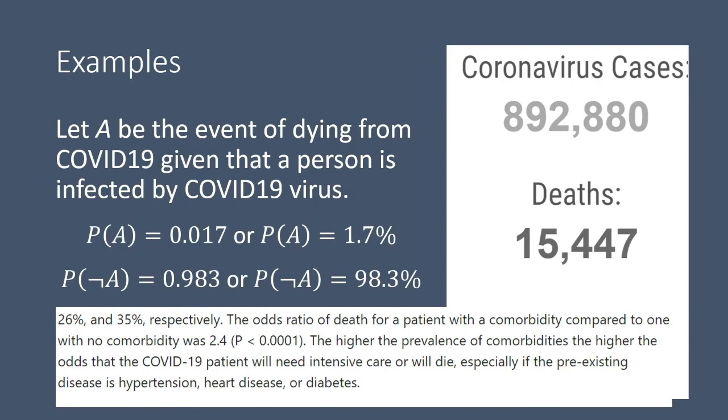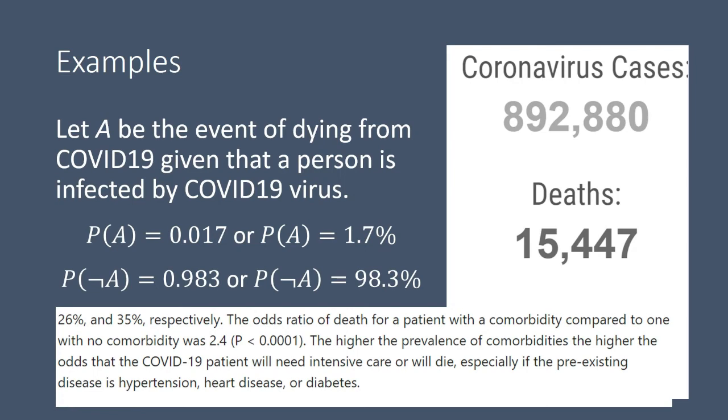These numbers will change when we talk about different samples, when we are narrowing our attention to a specific segment of the population who had been infected by COVID-19. Look at this. The odds ratio of death for a patient with a comorbidity compared to one with no comorbidity is 2.4.